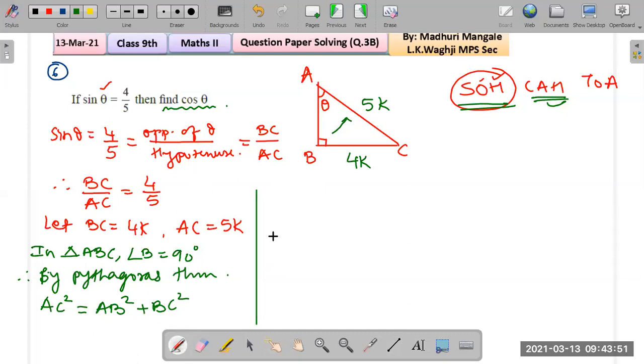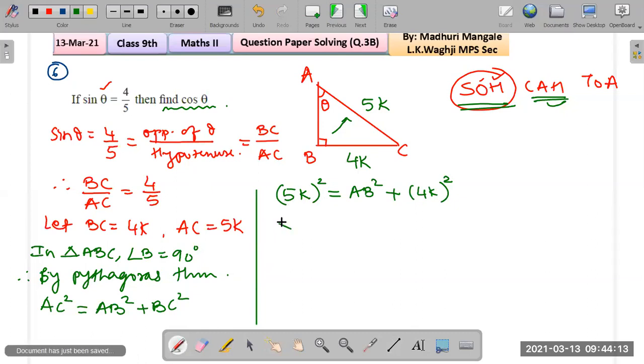So here AC is 5K, so 5K squared equals AB, which we don't know, so we write it as it is, AB squared, plus BC, that is 4K, so 4K squared. Now simplify, students. 5 squared is 25, right?